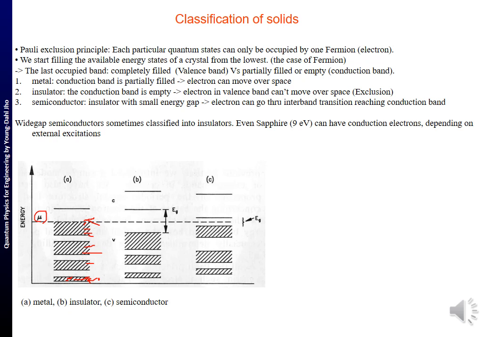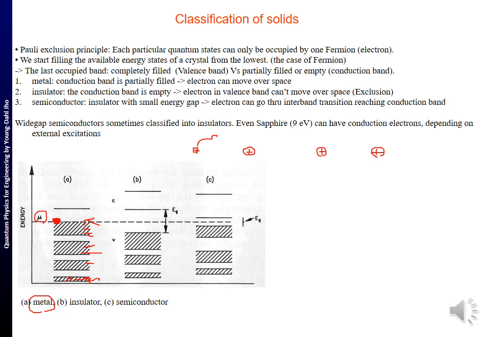If it is partially filled, then we have a metal. Electrons could be conductive because the electron at the Fermi energy level can move from one atom to another. Let's say there's an ion, there's another ion, and they are repeated in the lattice site.